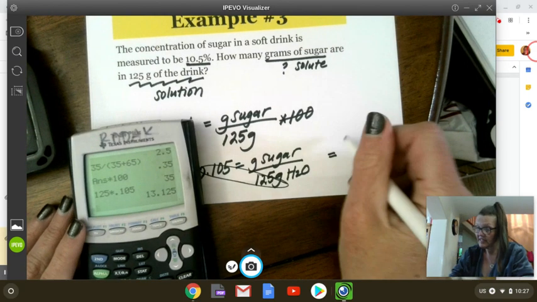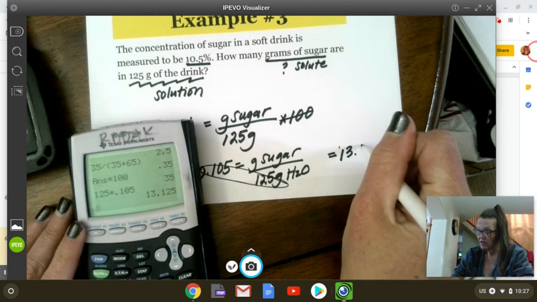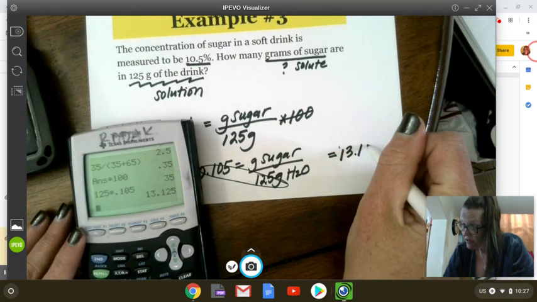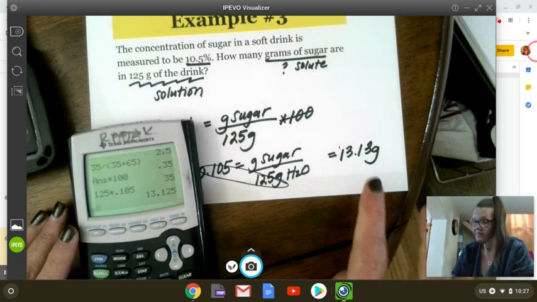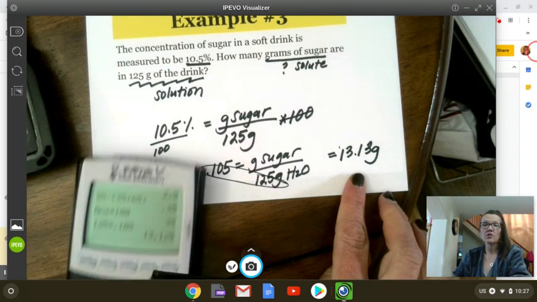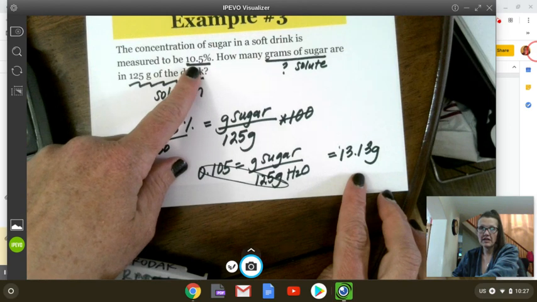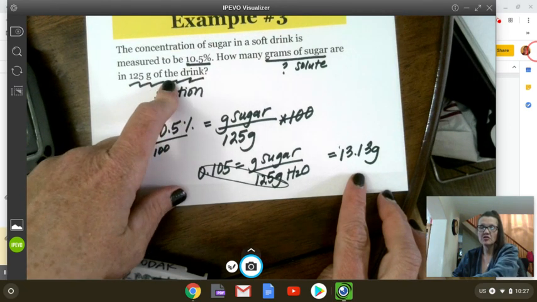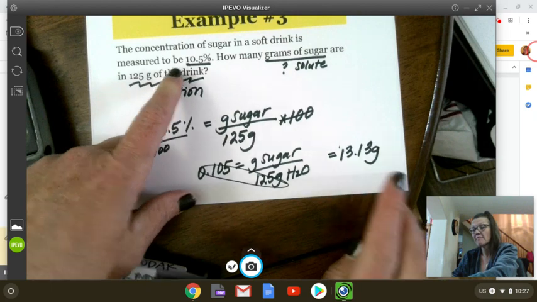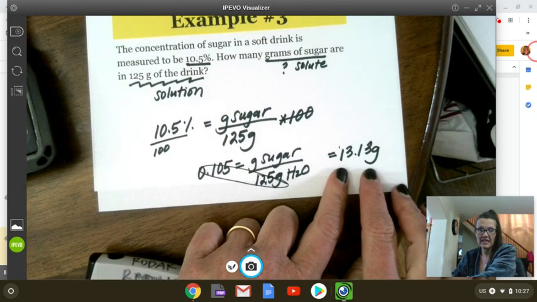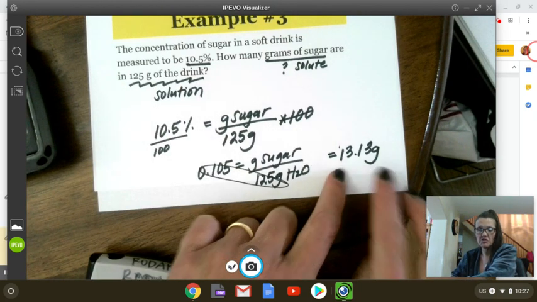And we get 13.13 grams. So in order to have a 10.5% sugar solution, if I have 125 grams of my soda, that means that I would be dealing with 13 grams of sugar.